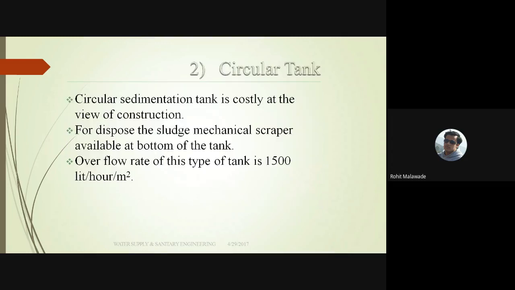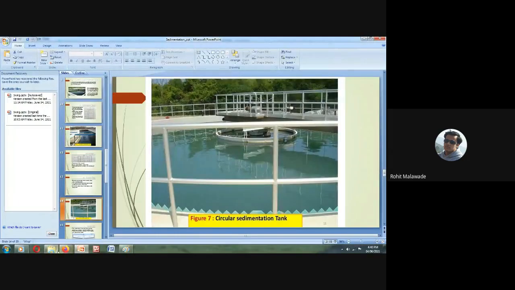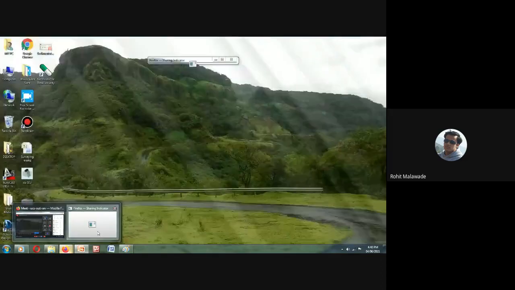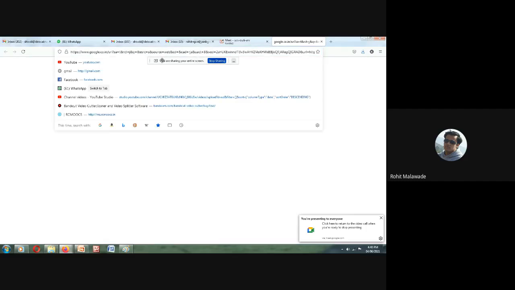Now this is your circular type of sedimentation tank. We will show you some pictures of the circular sedimentation tank in addition to this.